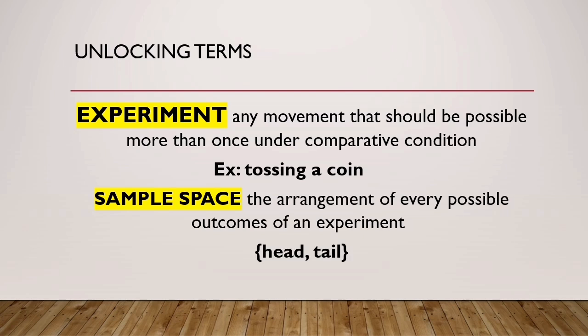Observe that in writing sample space, you will enclose it in braces, and every outcome is separated by a comma. So head is an outcome and tail is also an outcome. When you write the possible outcomes, you can do it in any order. You can also write tail first, followed by head. So it's either head or tail, tail or head. So this is a sample space.